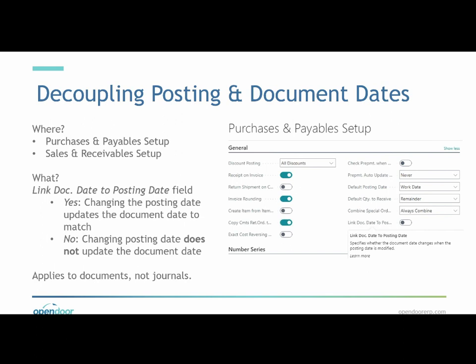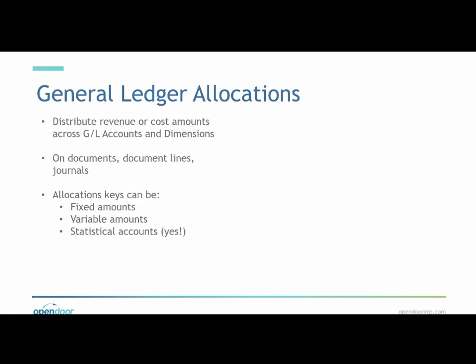So with that setup that is found on the purchases and payables setup and also on the sales and receivables setup, you have the link doc date to posting date field. If it's no, like it is now in the screenshot, changing the posting date will not update the document date. This applies to documents, not to journal entries.